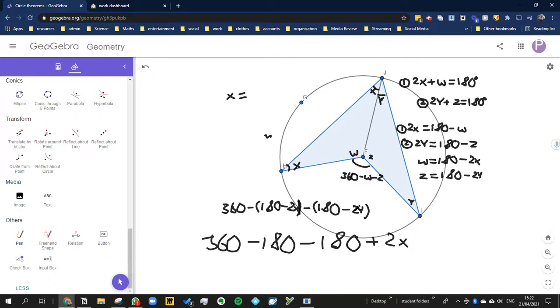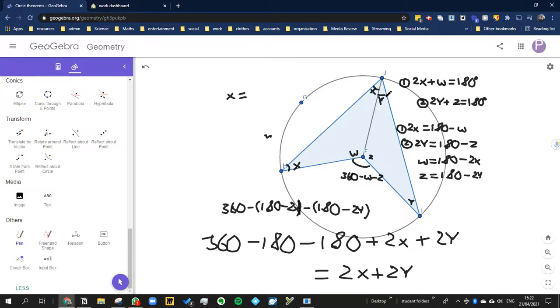Again, these two minuses turn into a plus 2y, and you can see that 360 minus 180 minus 180, we end up with 2x plus 2y.